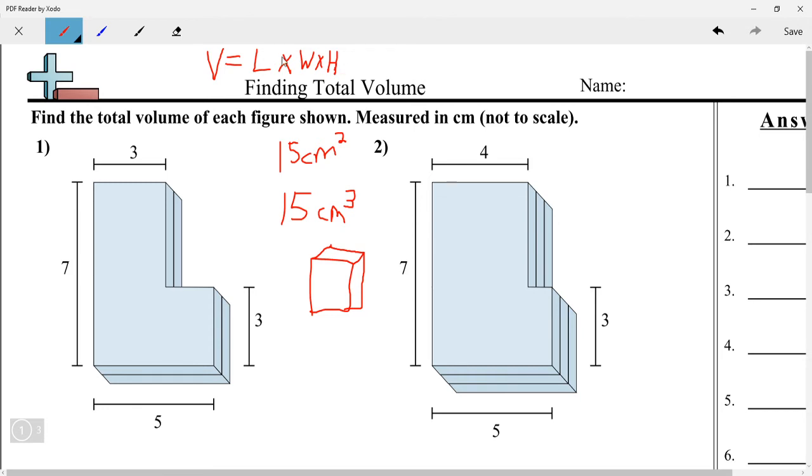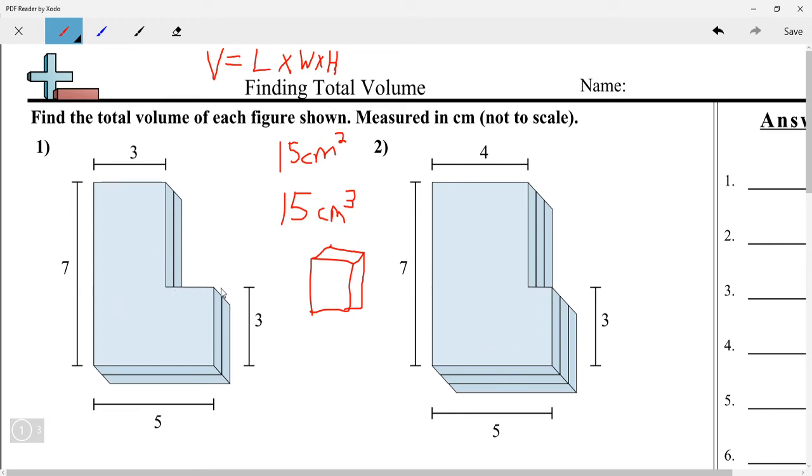So if we have the area of a rectangular prism, and there's multiple levels of it, we can just multiply the area times the height. Now, it doesn't matter what order you multiply these in. You're always going to get the same answer because of the commutative property of multiplication, where it doesn't matter what order you multiply or add them in. So that is kind of the basics of volume.